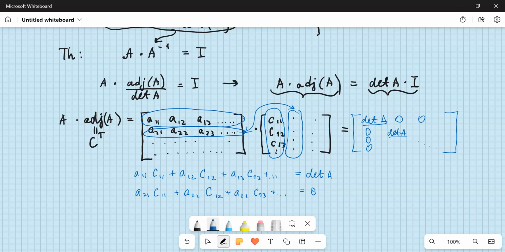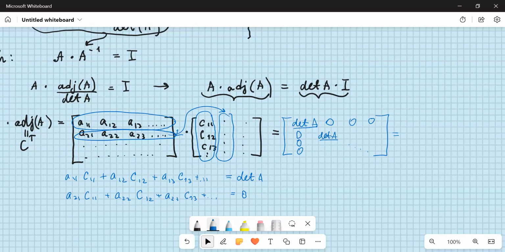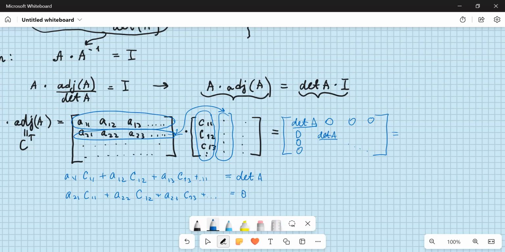And eventually, the matrix we are going to have is almost identity, right? But it's identity multiplied by the determinant of A. So why don't we take this determinant of A outside of each element and put it in front?